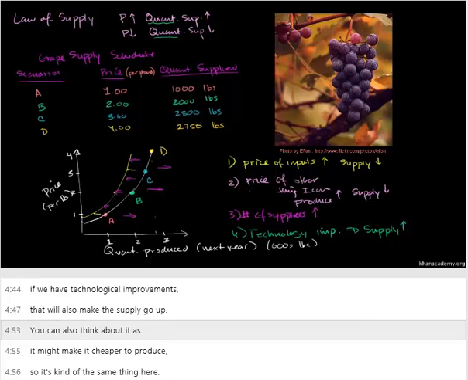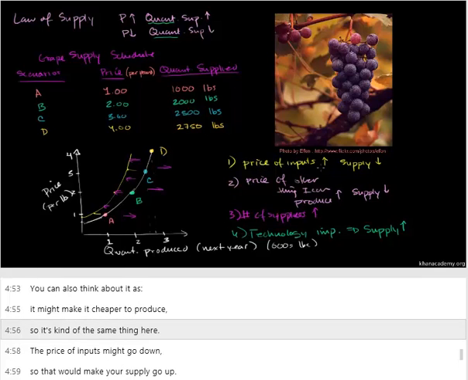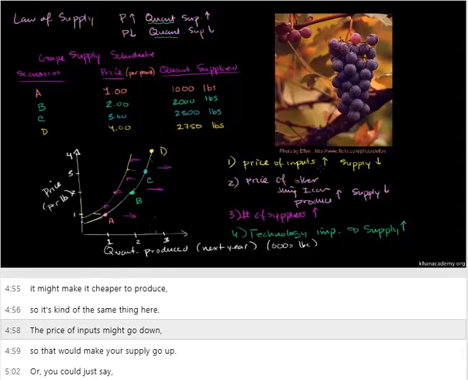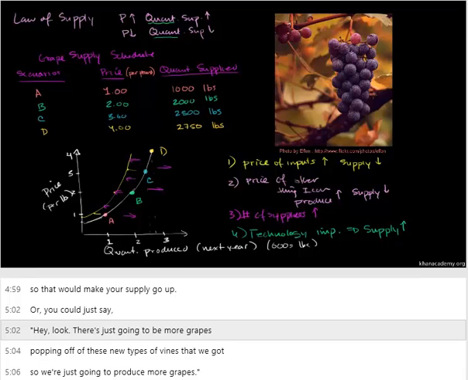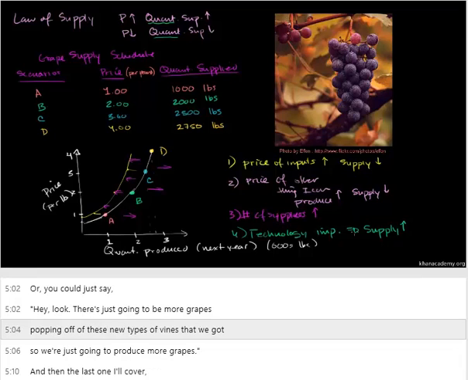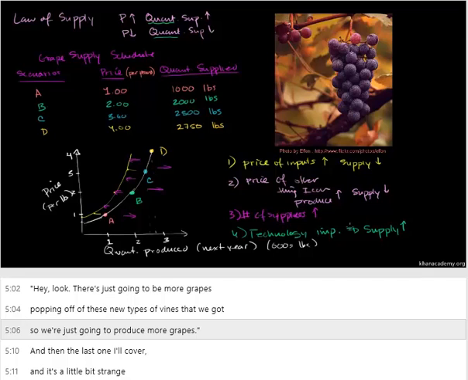You can also think of it as making it cheaper to produce. The price of inputs might go down, so that would make your supply go up. Or you could just say there are going to be more grapes popping off of these new types of vines, so we're just going to produce more grapes.